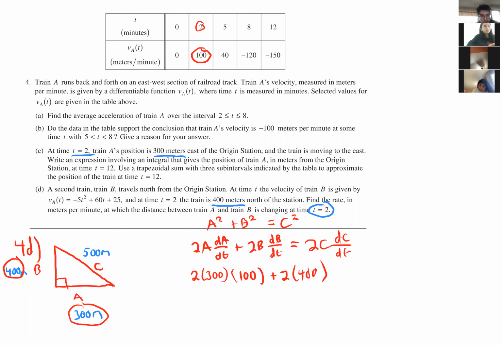Okay, so we're given the velocity. So that means you would just plug in 2 here. So I'm going to do -5 times, because t is 2, so 2 squared, plus 60 times 2, plus 25.